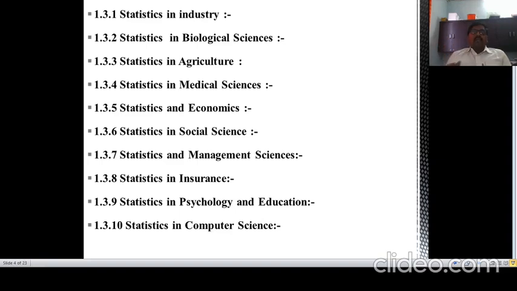We can study relation between productivity and intelligence, productivity and emotional quotient. Multivariate analysis, correlation and regression are the most applicable tools of statistics which are used in the field of psychology.